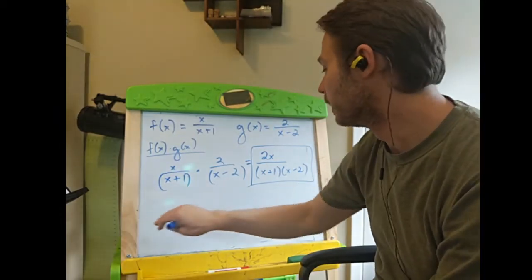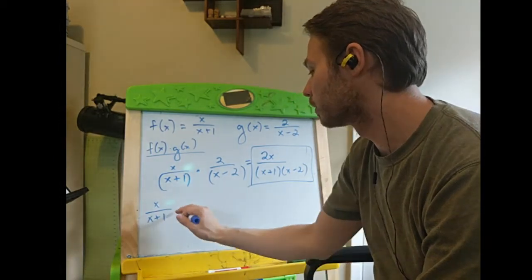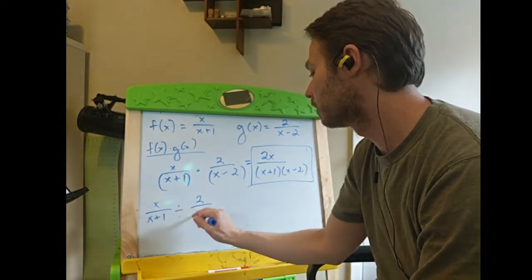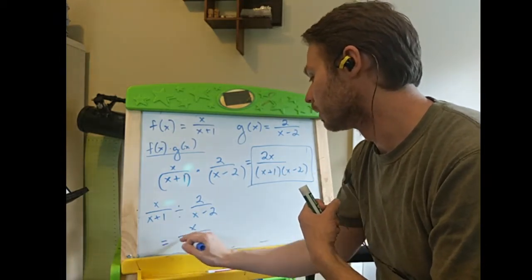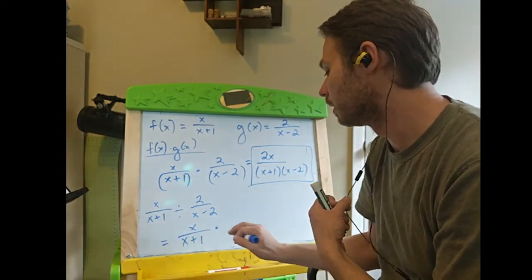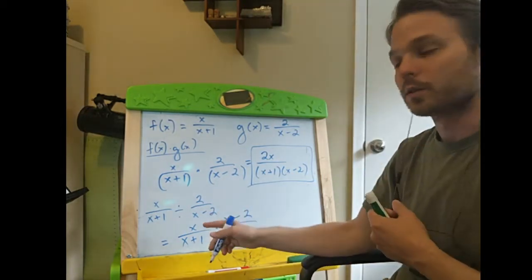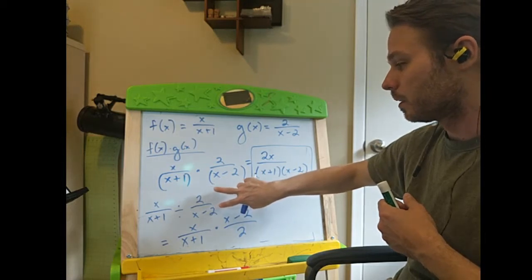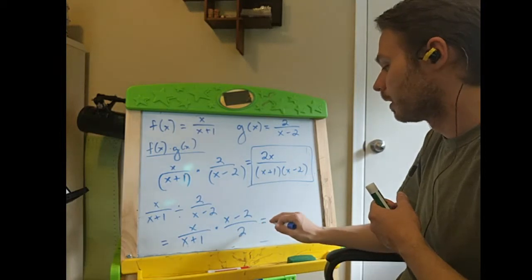All right, what if we did division? X over x plus 1 divided by 2 over x minus 2. Remember, if you do division, then you're really doing multiplication with the reciprocal. So we're just going to take the second fraction, take the reciprocal of it, and now we multiply.